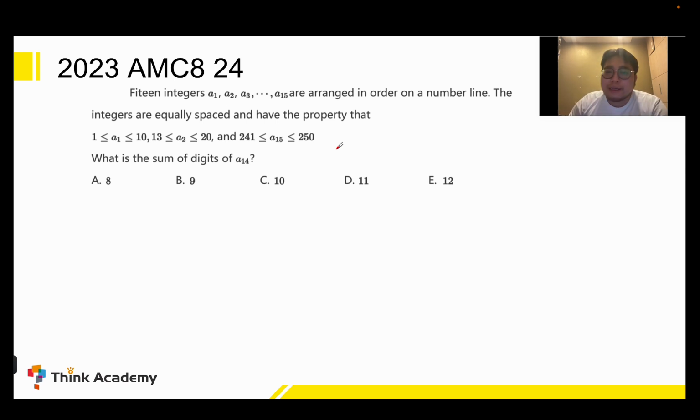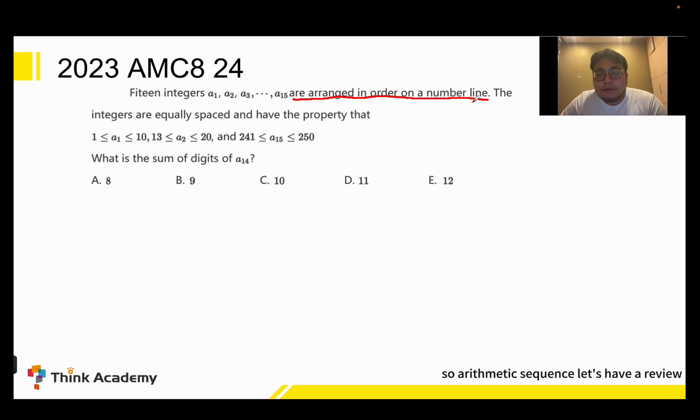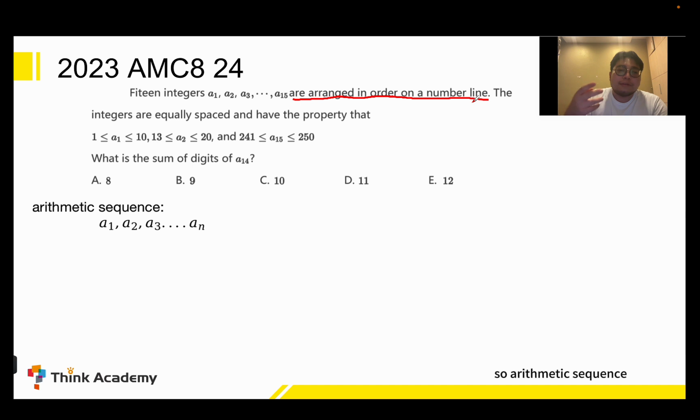They are arranged in order on a number line. Here's a hint: the sequence a1, a2 to a15 is an arithmetic sequence. Let's review. In an arithmetic sequence a1, a2, a3 to an, a2 minus a1 equals a certain number, and a3 minus a2 also equals this number.